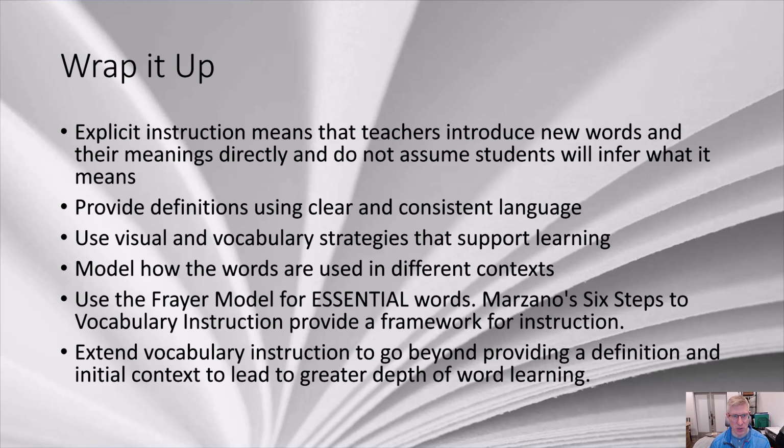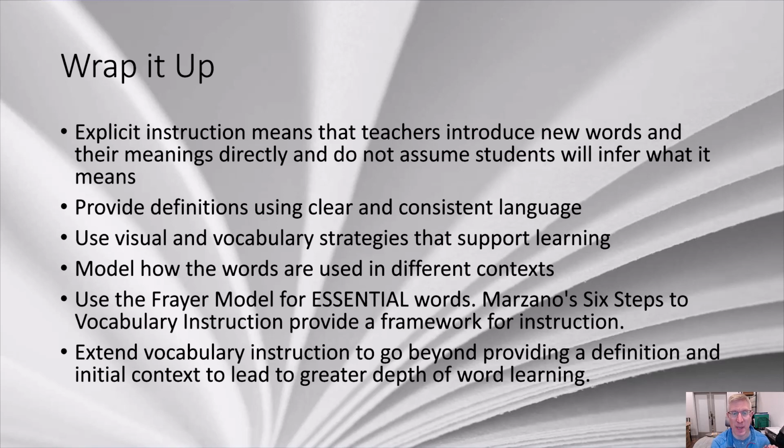Provide definitions using that clear and consistent language. Then we start to shift the responsibility towards them by allowing them to use visual and vocabulary strategies. Model how the words can be used in different contexts, like I did with that word embark. Use the Frayer model. We have to use the Frayer model for essential words.